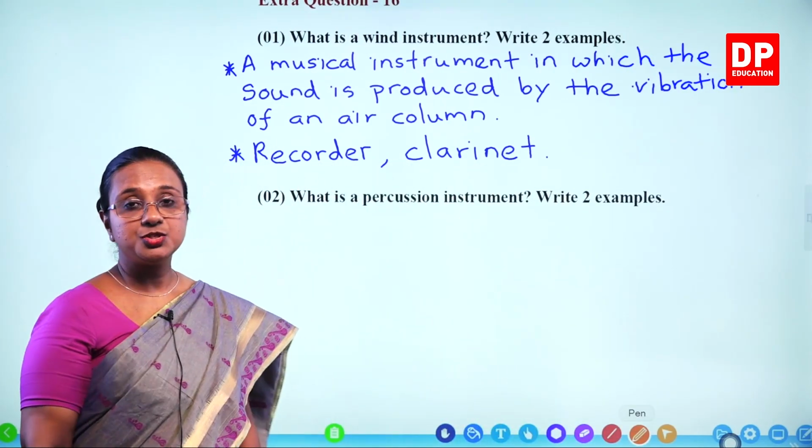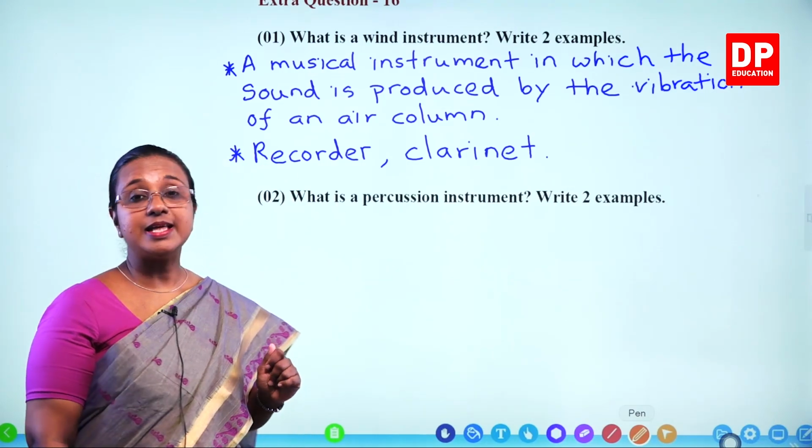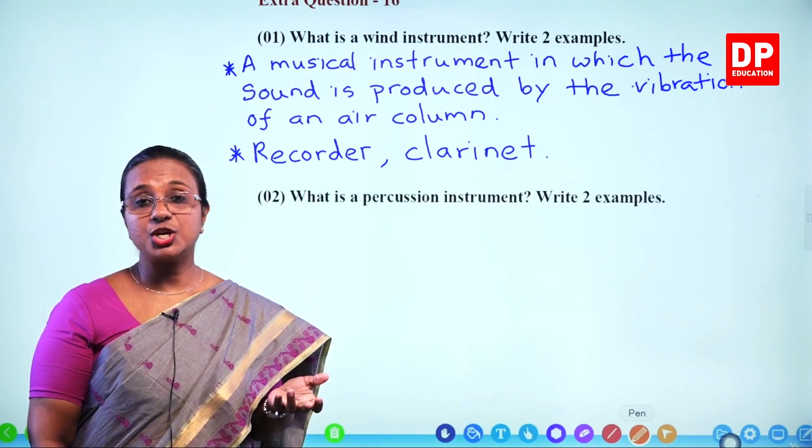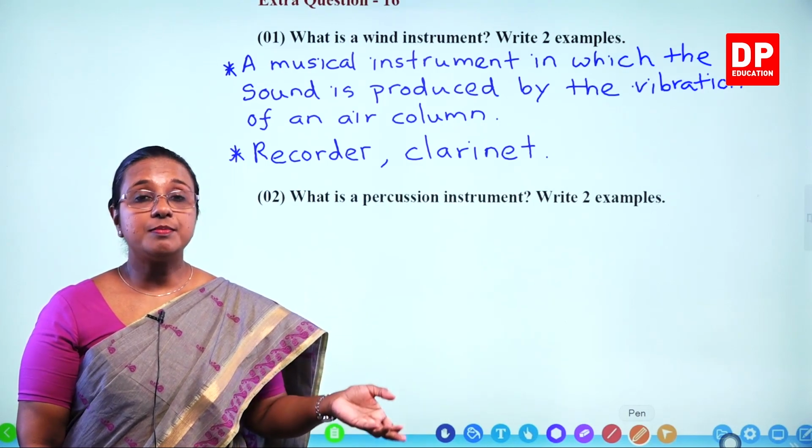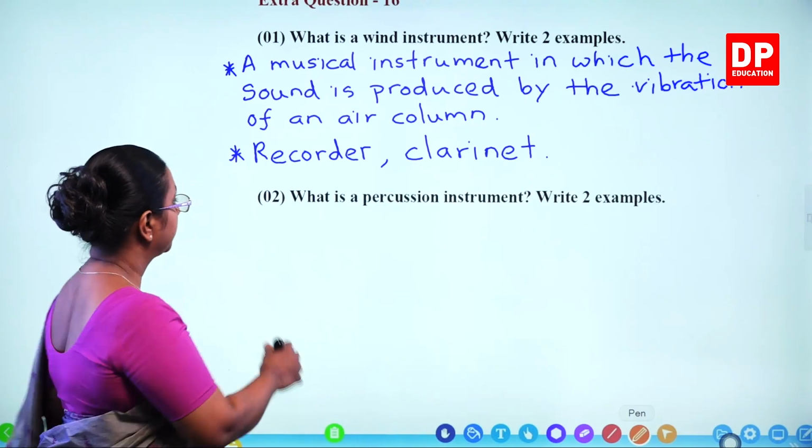What are percussion instruments? Musical instruments that produce sound by the vibration of a membrane or a metal plate or rod.